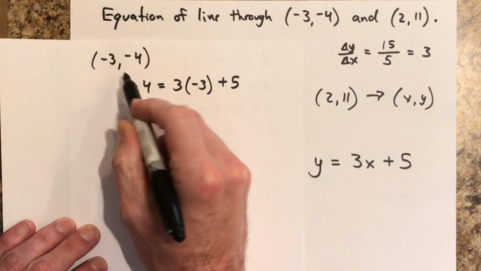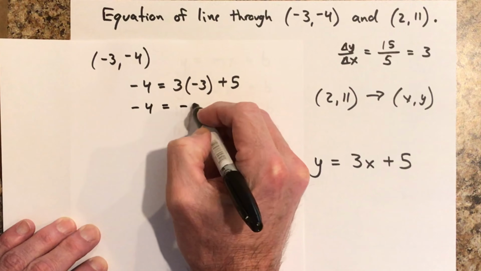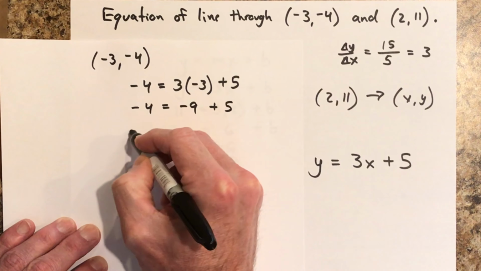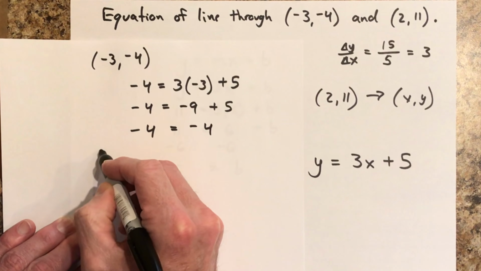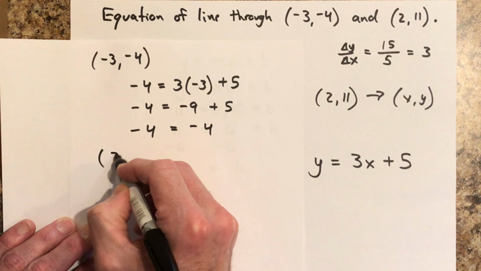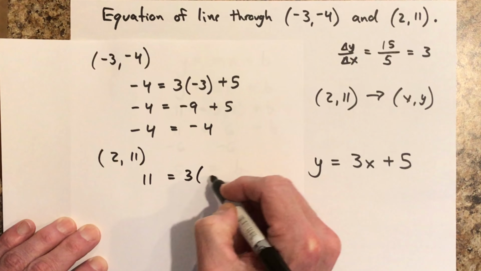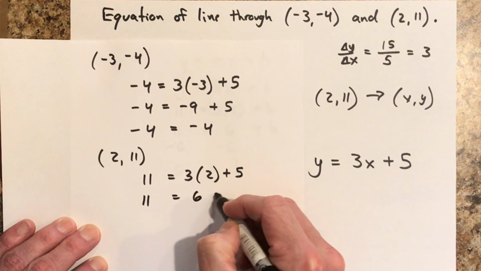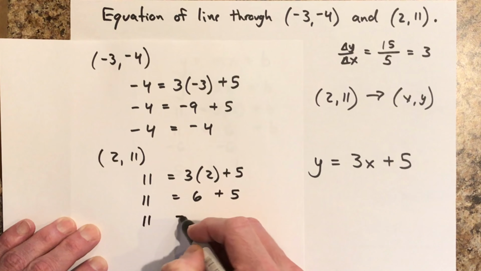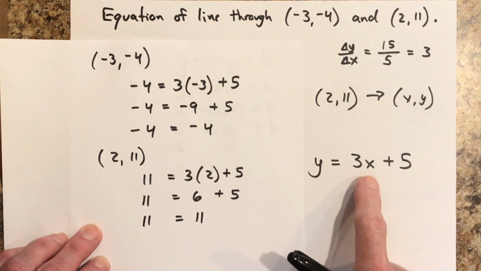So we substitute -3, -4 into our equation, and we verify that we get a true statement. Repeat that process with the other point. Since both are true statements, we know that both of these points are on this line.